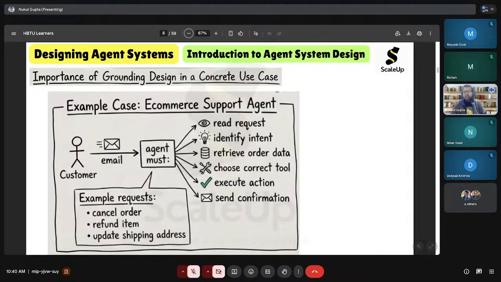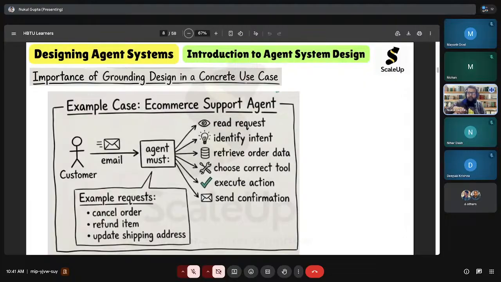Now how the agent will work is, it will read the request, the email, and identify the intent, what exactly the customer wants. Then it will retrieve the order data. It will choose the correct tool, because if it has to cancel the order, then it has to call that API or that function to cancel the order, and it will execute the tool and send confirmation.